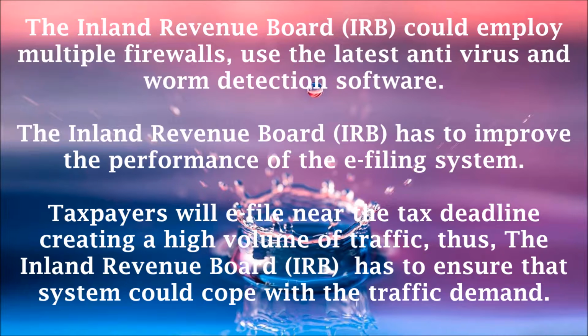and nowadays hackers commonly use vicious multi-layered attacks such as worms to ensure that they get back the information to them. So basically, IRB should ensure that they use the latest antivirus and worm detection software, and besides that, they need to be aware that all internet transmission should use SSL, which stands for Secure Socket Layer, as an encrypted security measure.